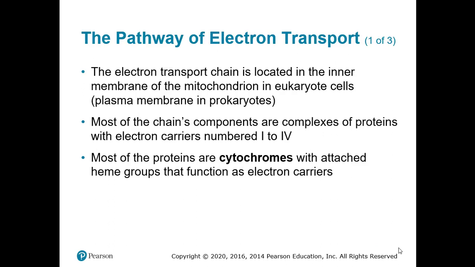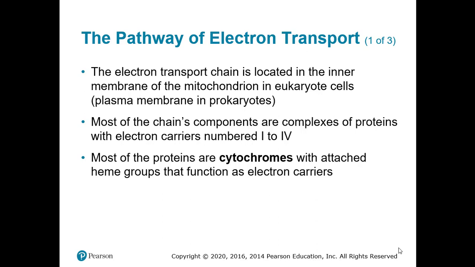Alright, so the electron transport chain, or ETC, is in the inner membrane of the mitochondria. In prokaryotic or bacteria cells, this actually just occurs in their regular plasma membrane. Most of the ETC components are just a series of proteins that have electron carriers, and we call them 1, 2, 3, and 4.